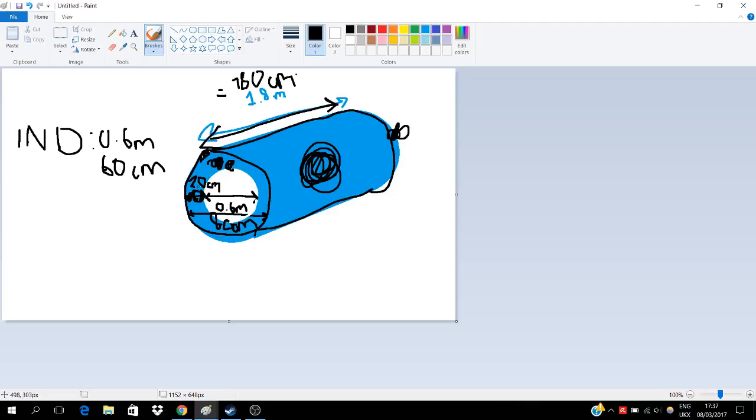So, 20 plus 60 is 80, so the full diameter is 80 centimeters. To find the area is simply pi times the radius, which is 40, squared. And that will give you an answer of 1,600 pi. So remember that, 1,600 pi.